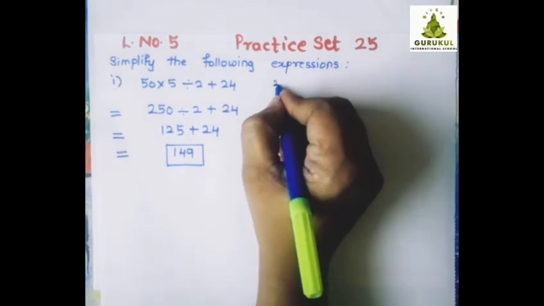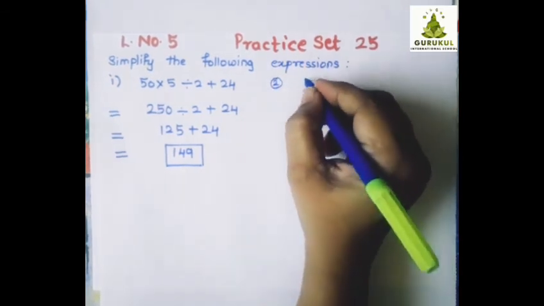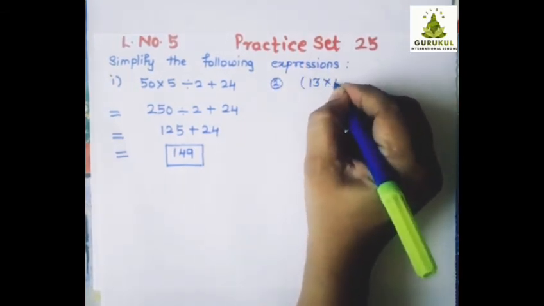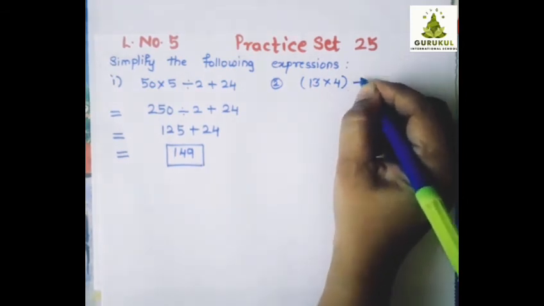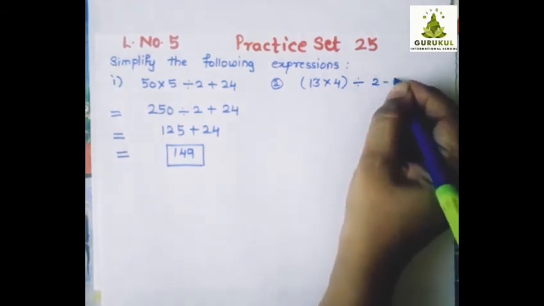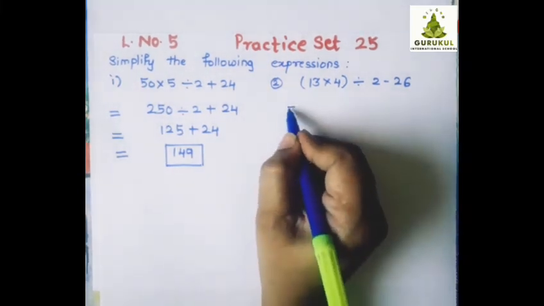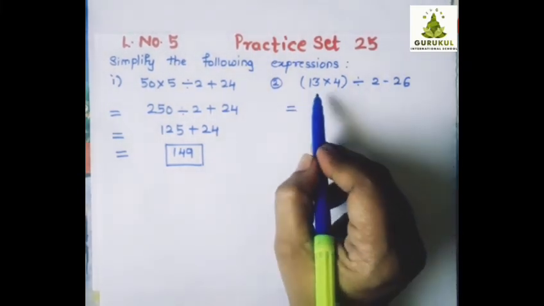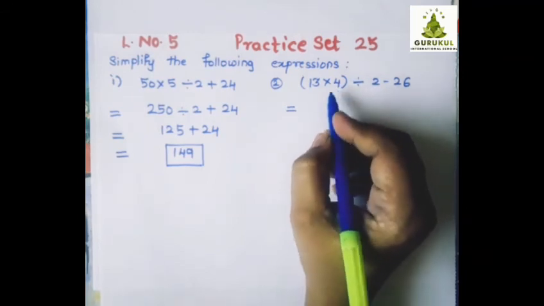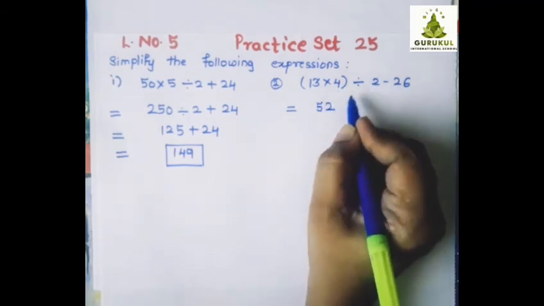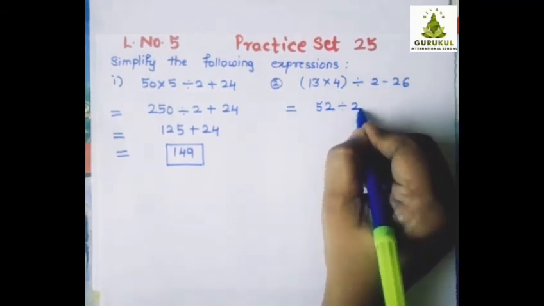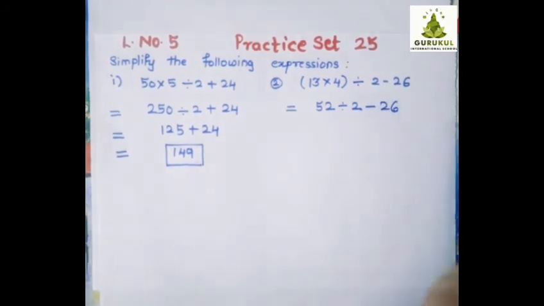Now if you go for the second sum, in bracket they have given 13 multiplied by 4 divided by 2 minus 26. So as per the rule, we should always solve the bracket first. So 13 4s are 52 divided by 2 minus 26.